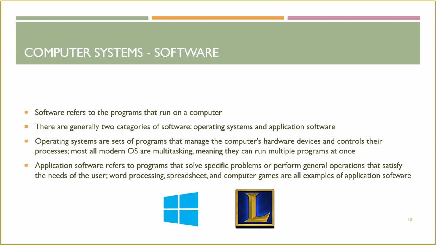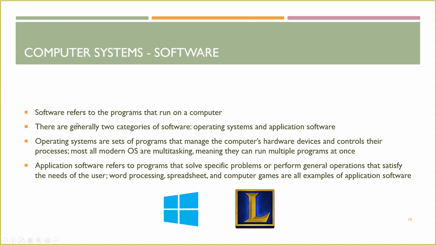As opposed to the physical components of a computer, software refers to the programs that actually run on your computer. There are two categories of software that we talk about: OS, or operating systems, and applications. Think about things like Windows, Mac OS, Linux, Chrome OS.